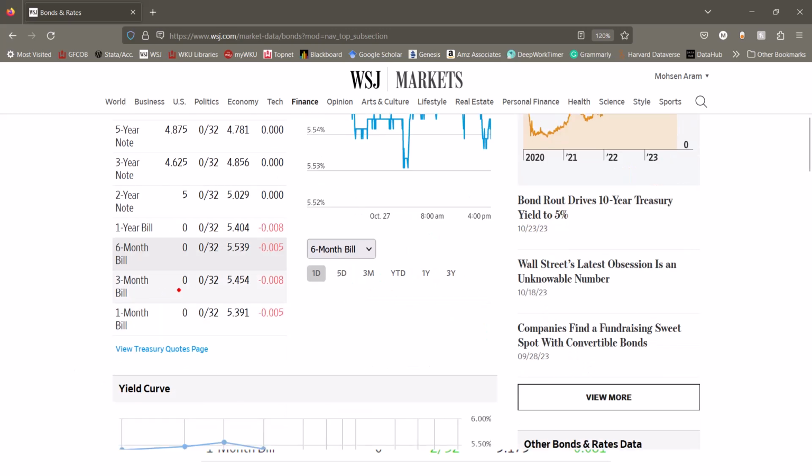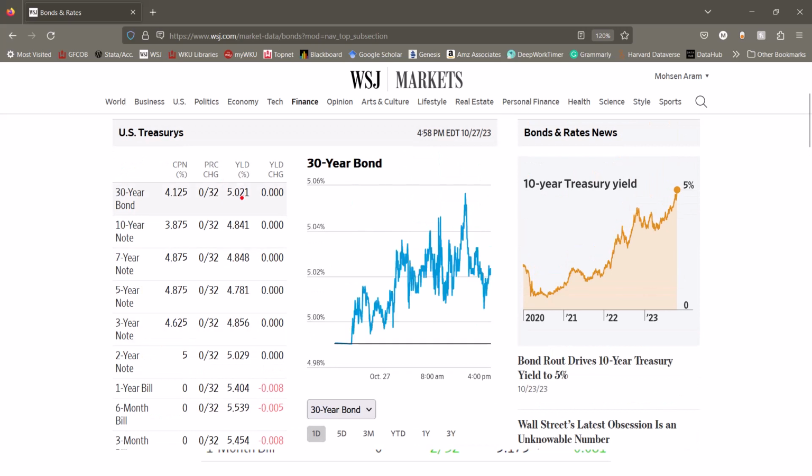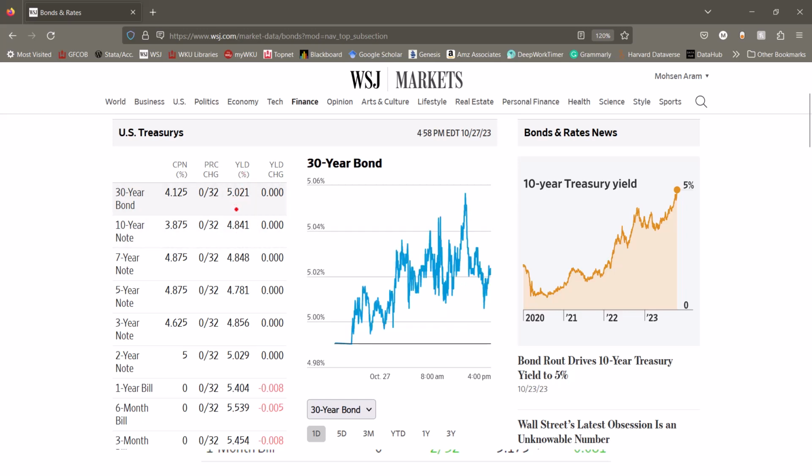As you can see, we have the 1 month bill yielding 5.391, and then the 30-year bond is yielding 5.021. So basically this is telling you that if you lend your money to the US government for 30 years, this would be your rate of return, 5%.